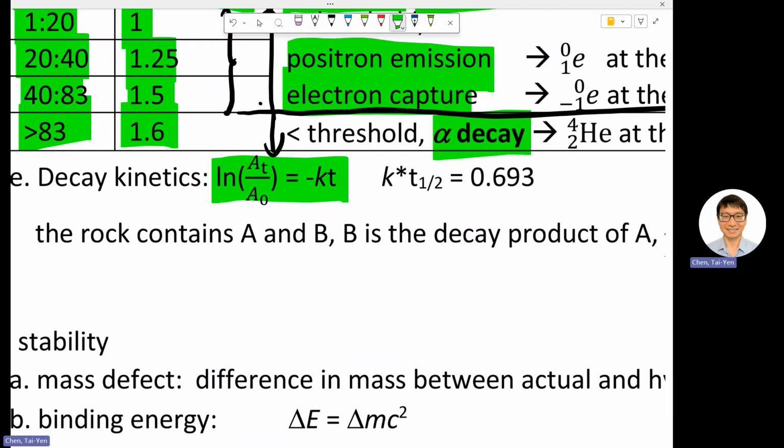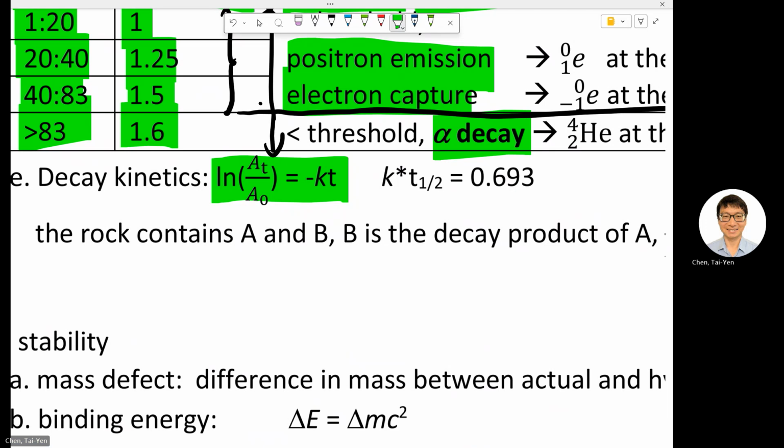Everybody is familiar with this equation already. This is something we tested in our midterm one. The first thing I want to emphasize is, what is k? It's a constant, the decay rate constant.